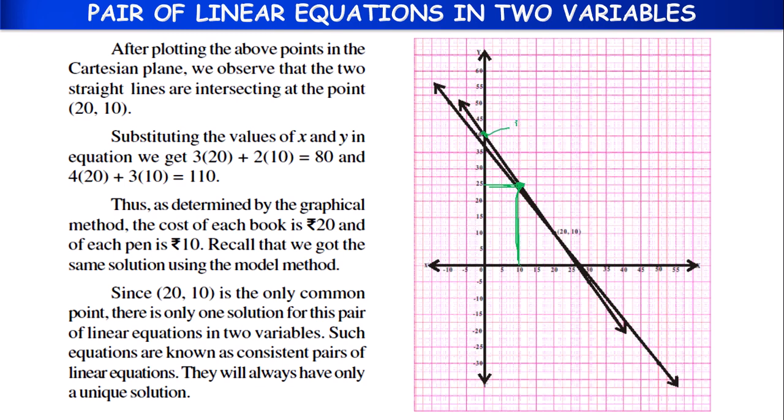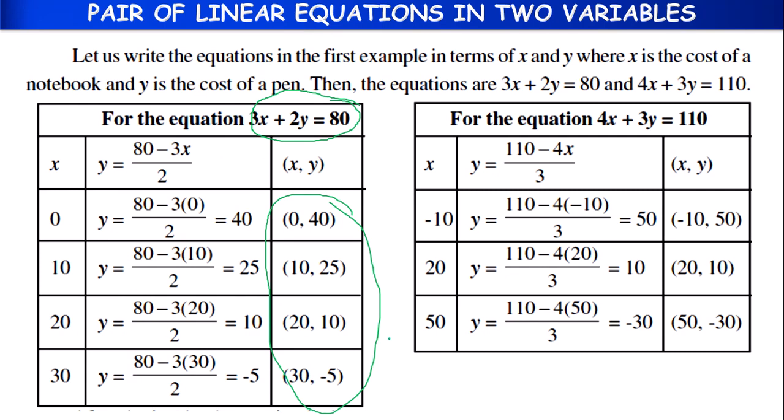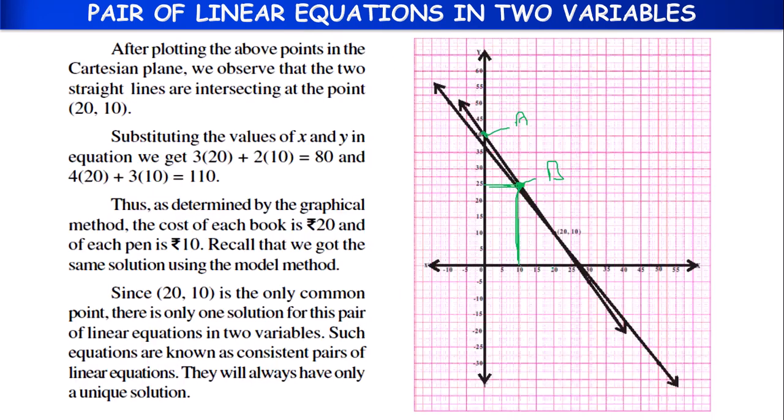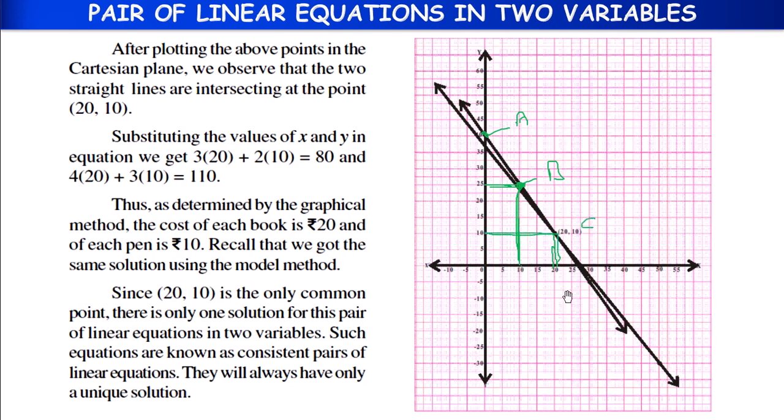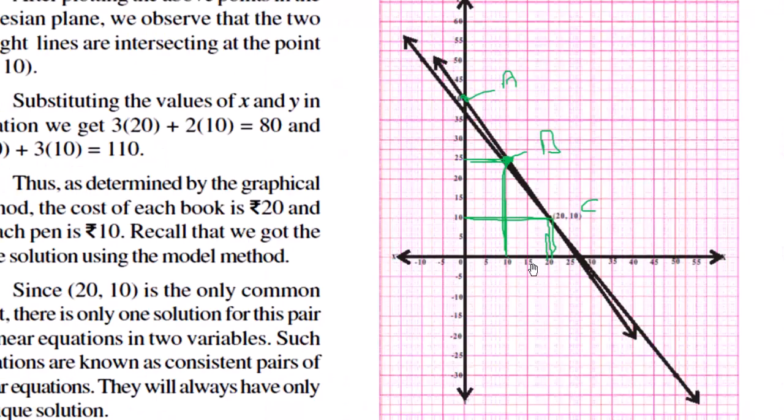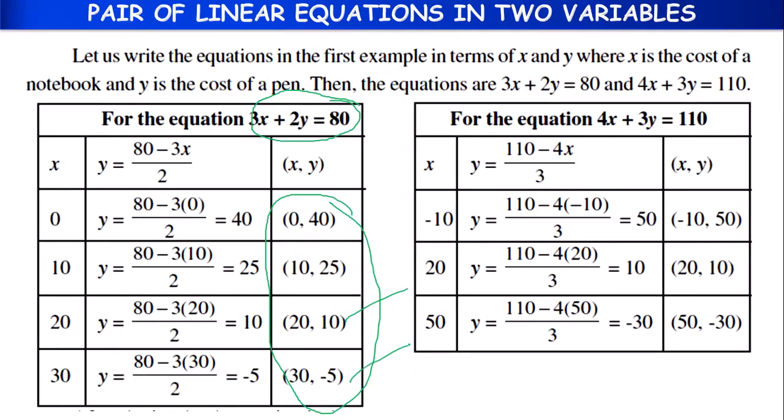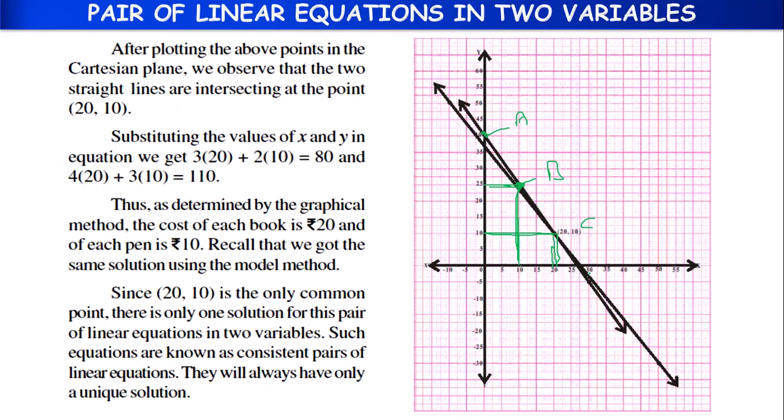First point A, second point B. Then 20 comma 10: at the x value 20, the y value is 10. So this is the C point. Next, 30 comma minus 5: when x is 30, the y value is minus 5, means here. So this is the fourth point, D point. If we join these points A, B, C, D, we will get a line representing the first equation.